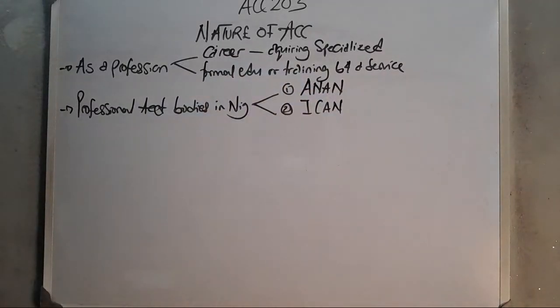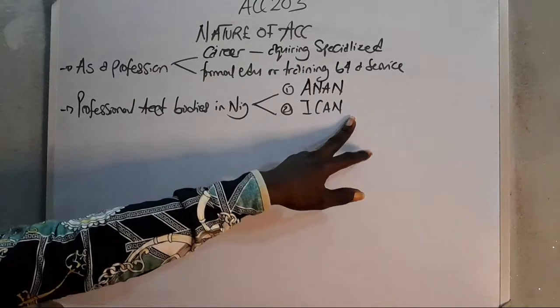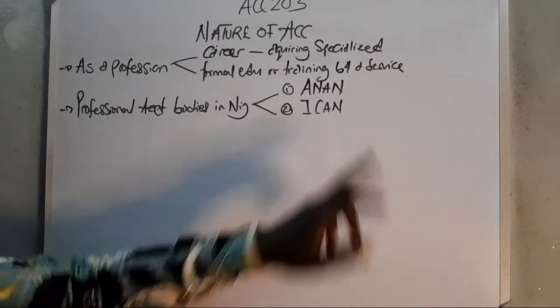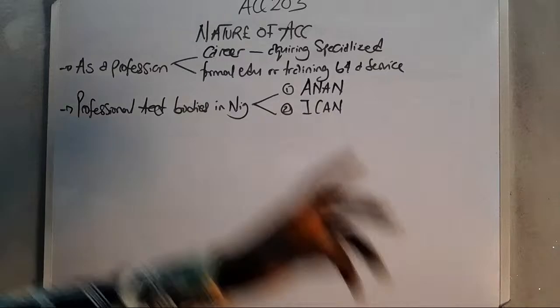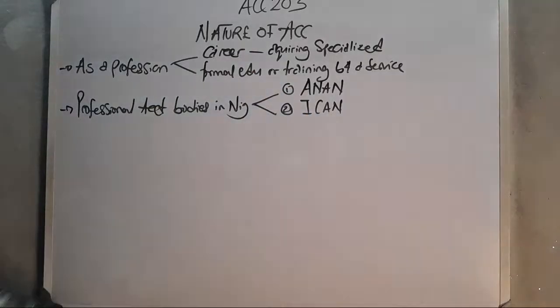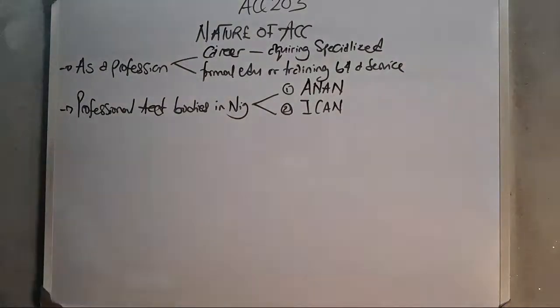When we say ANAN, we're talking about the Association of National Accountants of Nigeria, and we have the Institute of Chartered Accountants of Nigeria. These are the professional bodies.